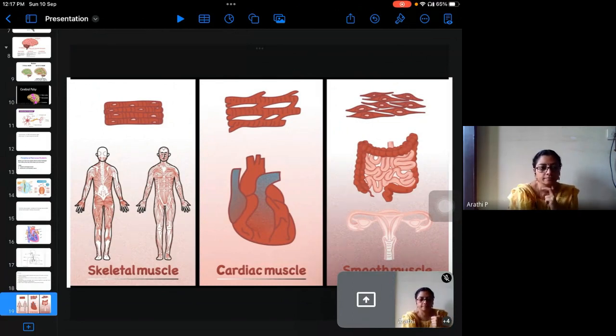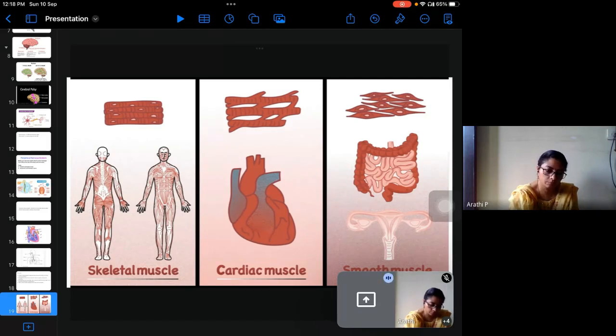So when we come to the muscular system, there are mainly three types of muscles in our body. One is skeletal muscle, one is cardiac muscle, one is smooth muscle.